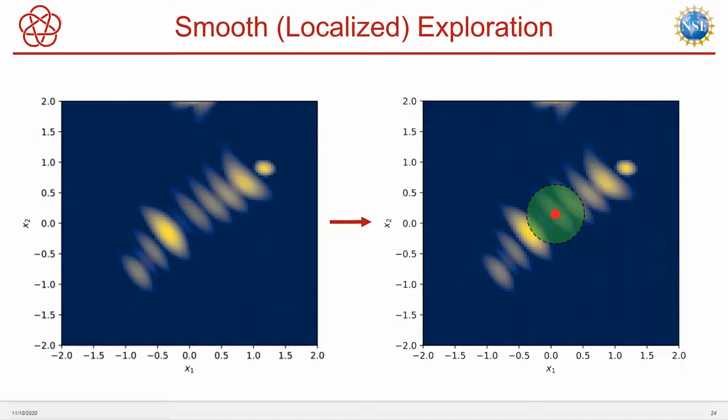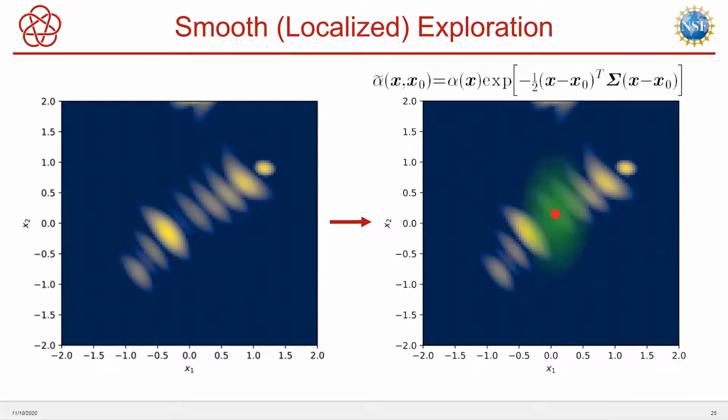For example, if there are places that our surrogate model predicts that there's going to be a large increase in hypervolume, but it's just outside of this circle, we want to be able to exploit that area that is predicted to give us a large return on our investment.